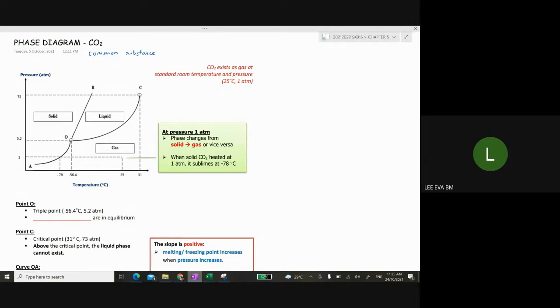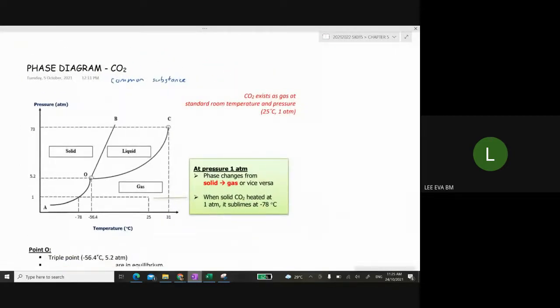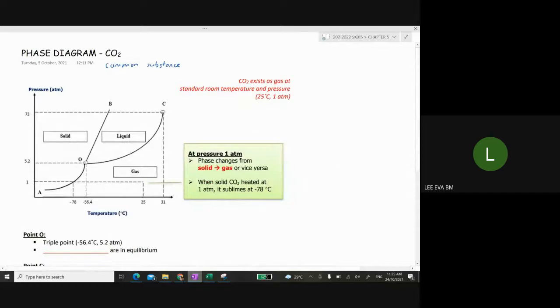Carbon dioxide is one of the examples we use to represent most of the substances here. If you look at this phase diagram, you can clearly see we have a solid phase, a liquid phase, and a gas phase. Of course, don't forget the y-axis and x-axis: we have pressure against temperature.